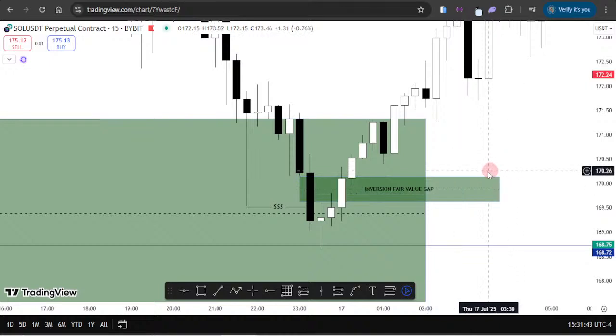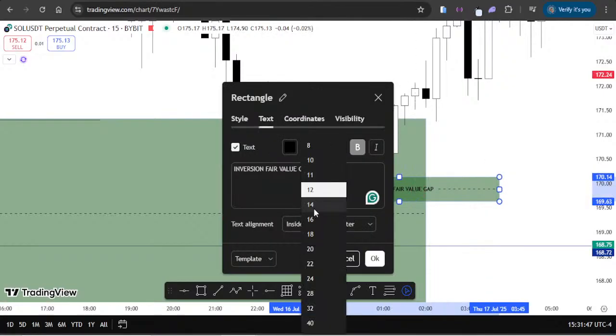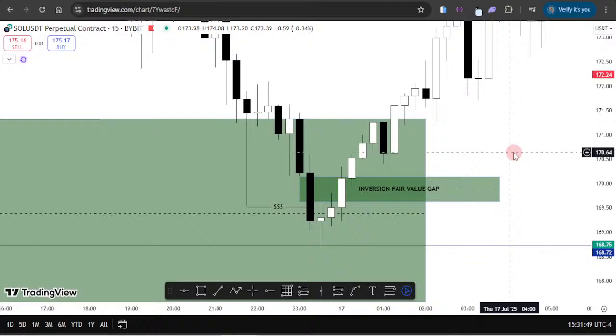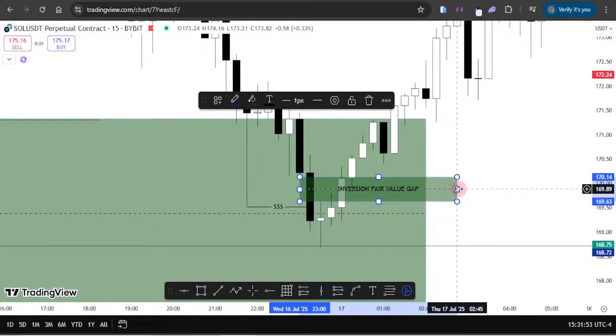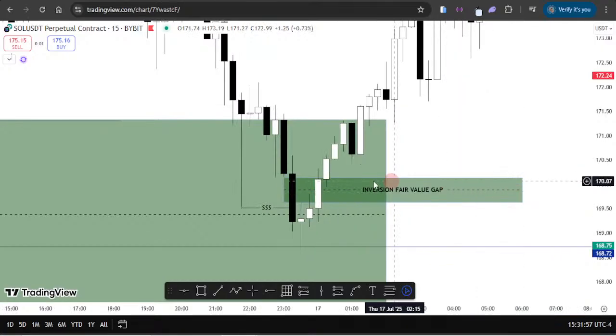I hope you guys can actually see this, or I should increase my font size to 14. So this fair value gap was invalidated.